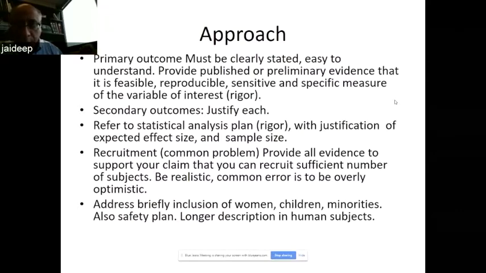Primary outcome is critical. This is what is going to determine the success or failure of your study, so it should be very clearly stated. And I can tell you, discussions regarding the primary outcome should take several hours for you to do, ideally with some experienced researchers and somebody who's outside the field who can say, oh yeah, that sounds reasonable, I think you can do it.